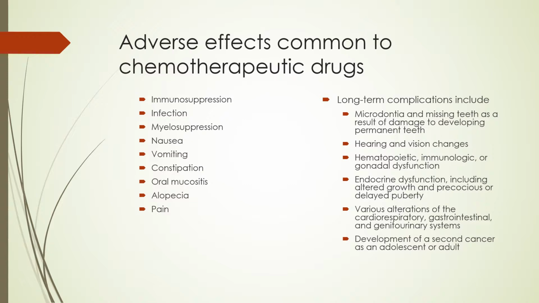Endocrine dysfunction, also including growth and precocious or delayed puberty. It can affect it either way depending on the chemo. Various alterations of cardiorespiratory, gastrointestinal, genitourinary system. Development of secondary cancer as an adult or even as an adolescent. So, they survive, but there sometimes are complications from that survival, but it's still worth it in the long run.